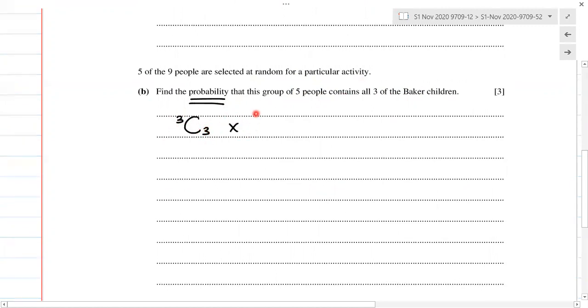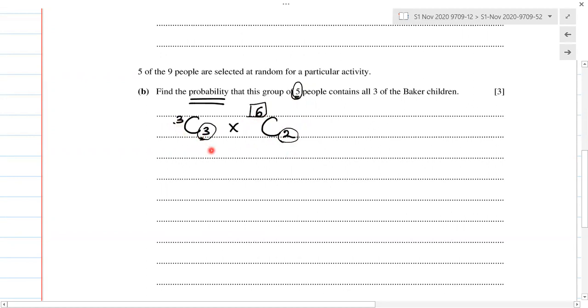From the remaining 9 minus 3, that's 6 people, I have to select 2 more, because I've already selected 3 and need a total of 5.